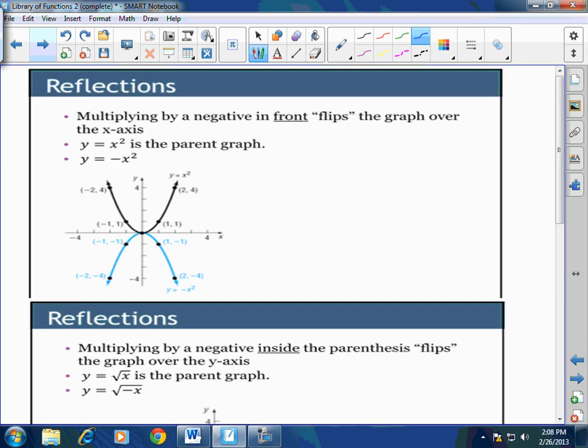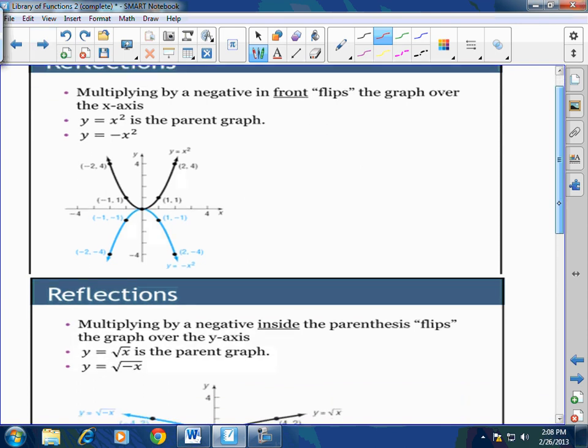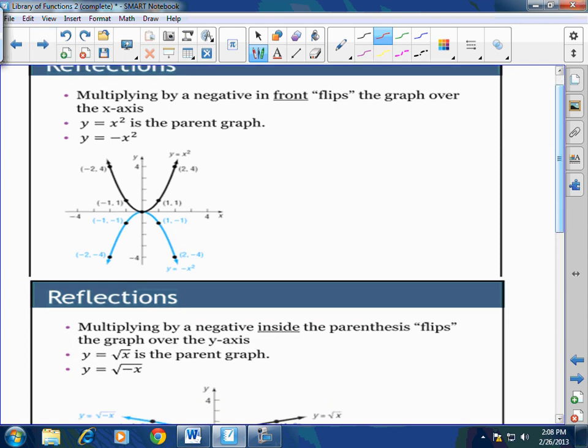Okay, our reflection. We had some questions on this last week, so I wanted to make sure you guys understood this. When you're multiplying a negative in the front of an equation, the graph flips over the x-axis. When you multiply the whole entire value of y by a negative, you flip over the x-axis.